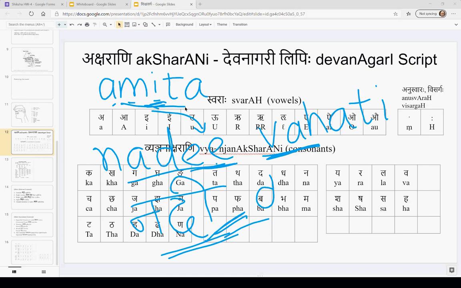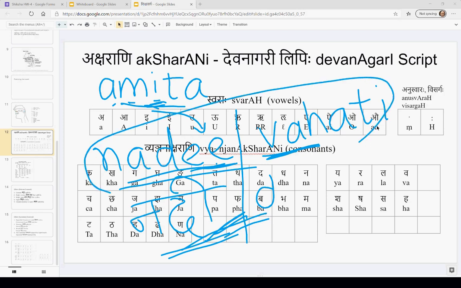It is longer than what we say Amita, Nadi Vahati. But when we say it independently as just Nadi, it might feel longer, and we may tend to stretch it longer, which is fine. But I am saying this is the practical usage here, Nadi Vahati, in a sentence. Amita, Nadi Vahati.